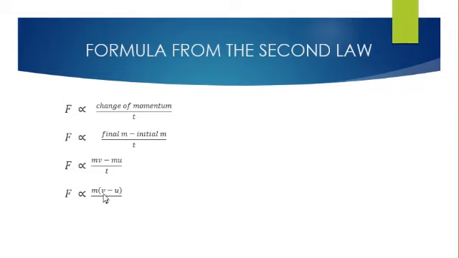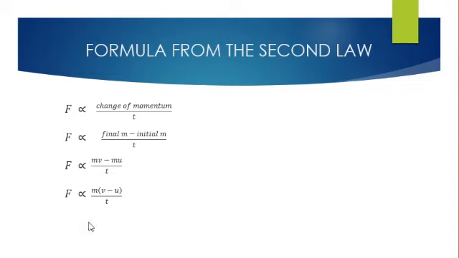Now, if you look at this representation right here, F is directly proportional to m multiplied by v minus u over t. We can alter the arrangement but still have the same meaning.